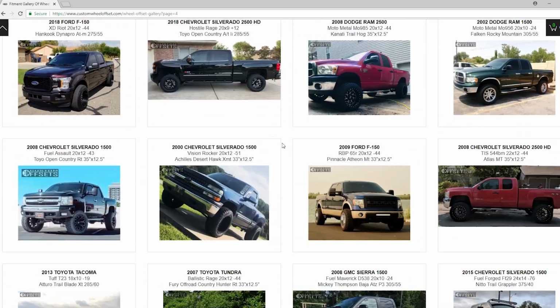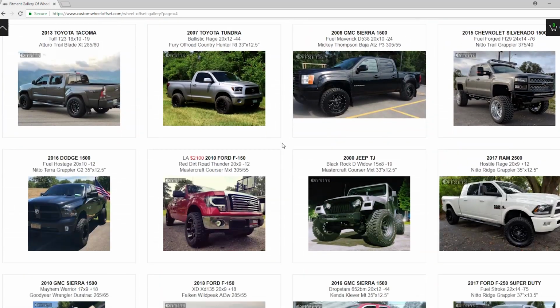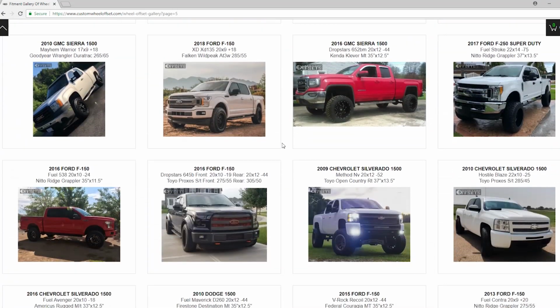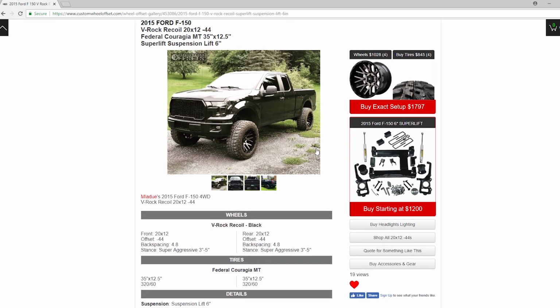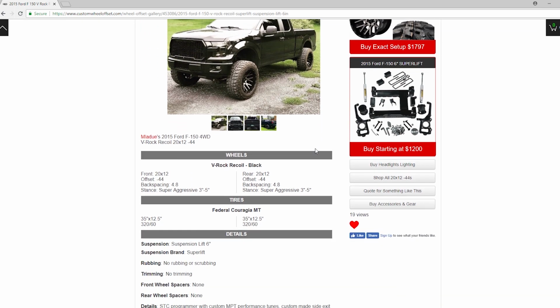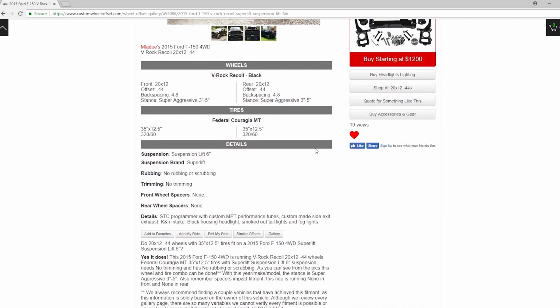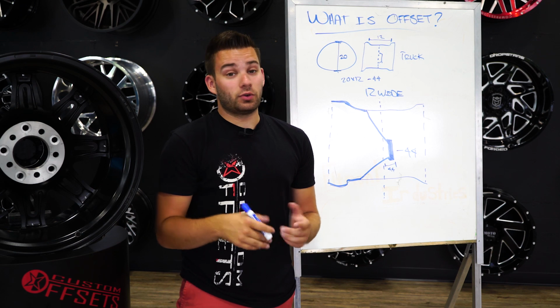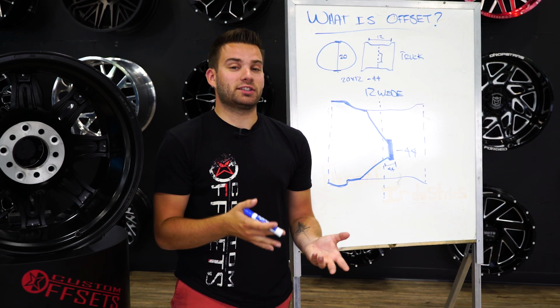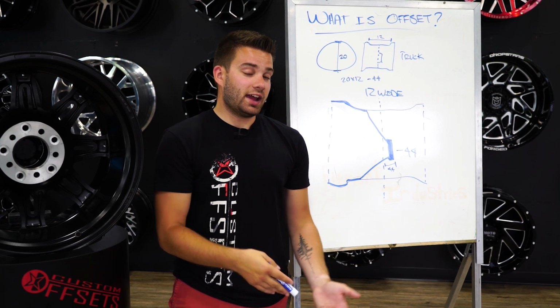If you've got stock suspension, you can just plug that in, and it'll show you what everybody else has been running, along with detailed pictures and all the fitment specs you need to know, whether there's any trimming done or any rubbing that occurs. It gives you all of the specs on wheels and tires as well. So it'll give you exactly the 20 by 12 with the negative 44, and everything you need to know, 33 by 12.50. It'll give you very specific sizes so that you can see exactly what you need to run.